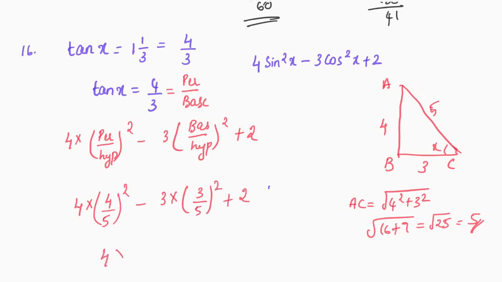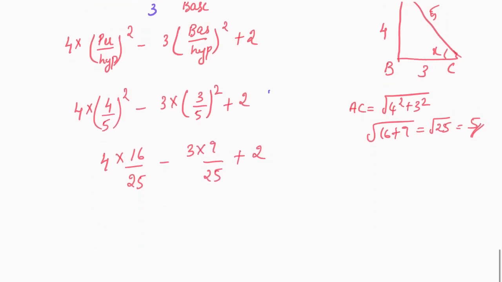Substitute: 4 into 4 square is 16, 16 by 25 minus 3 into 9 by 25 plus 2. Multiply it. 16 fours are 64 by 25 minus 27 by 25 plus 2.